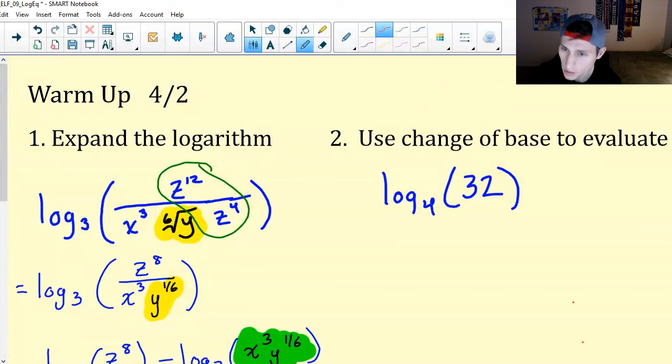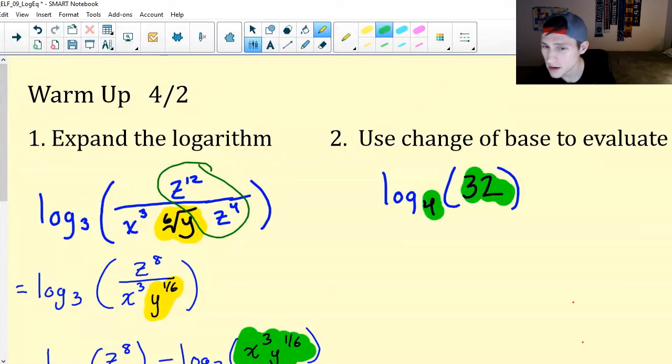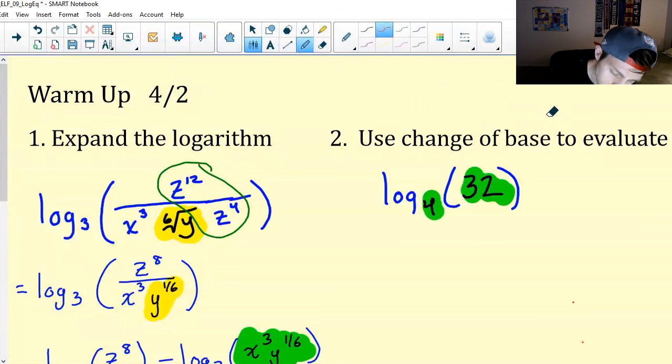But what I do notice about 4 and 32 is that they are both powers of 2. So I'm going to actually change this to base 2. So log base 2, remember whatever was inside goes on top.